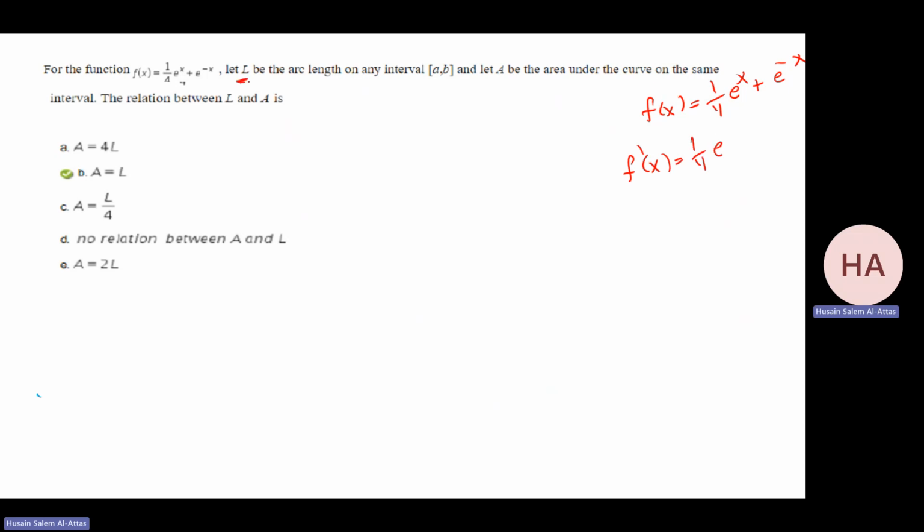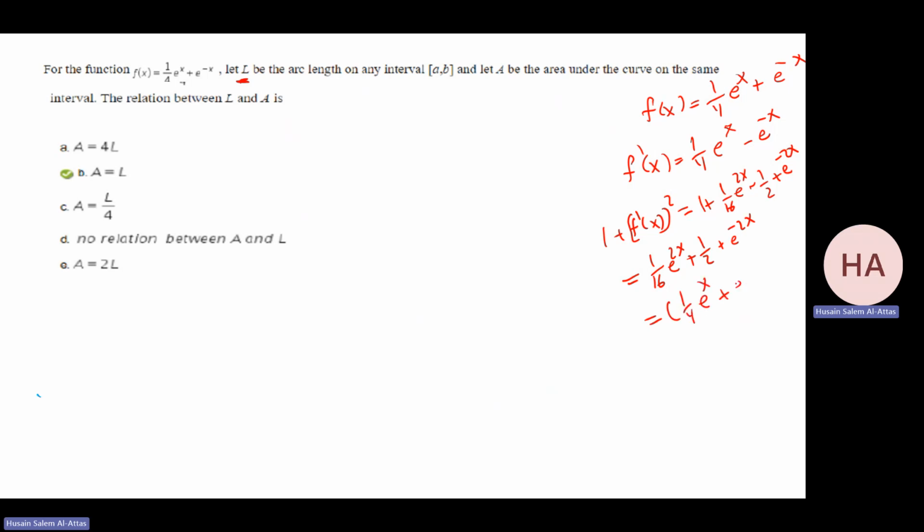I'm working to find the L. 1 plus f prime of x all squared gives me 1 plus 1 over 16 e to the 2x, this time minus half, with the same idea, plus e to the minus 2x. So this is 1 over 16 e to the 2x plus half plus e to the minus 2x, and that will give me 1 over 4 times e to the x plus e to the minus x all squared. So L will be the integral from a to b of the square root of this.